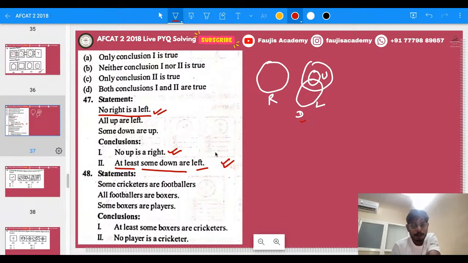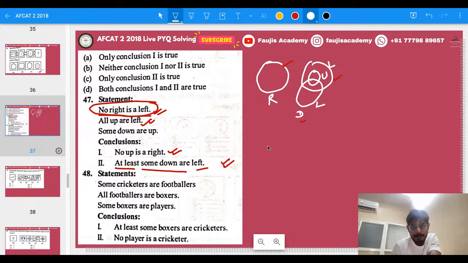Okay, no up is right. No right is left. All up are left. Inside left we have drawn that. This is your left, right? So no up is right. That's correct because we cannot have the intersection between that.